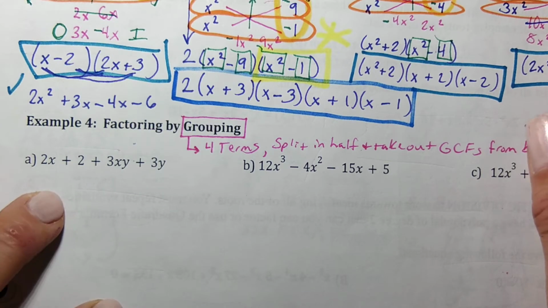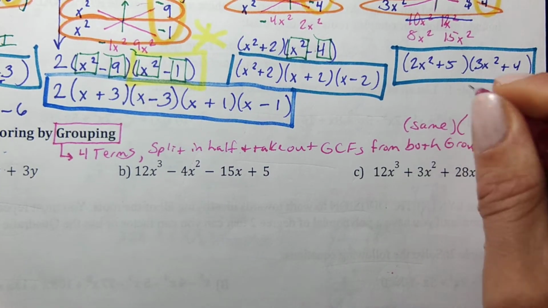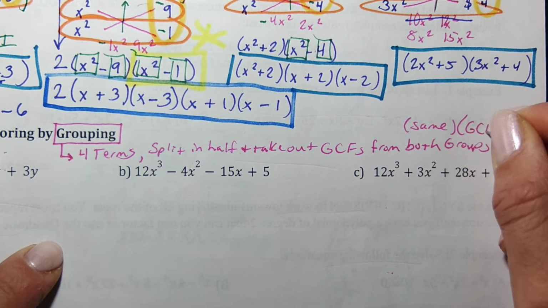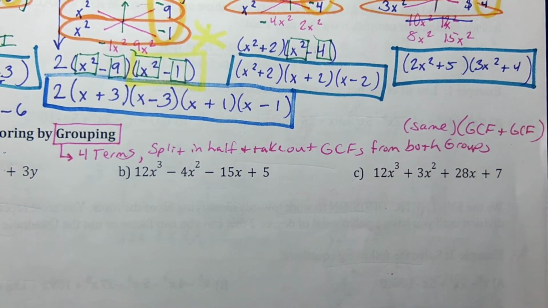Then you will have the same parenthetical item in one parenthesis and the GCF plus GCF in the other parenthesis. It's more of a visual process than this written out in word procedure that we've tried to write, so I promise once we do one of these it will kind of make sense what all of that stuff means.